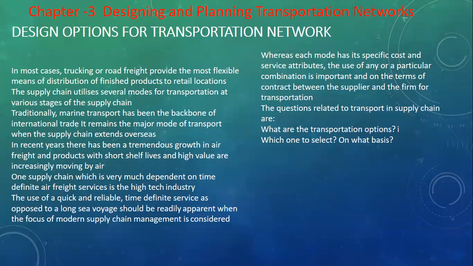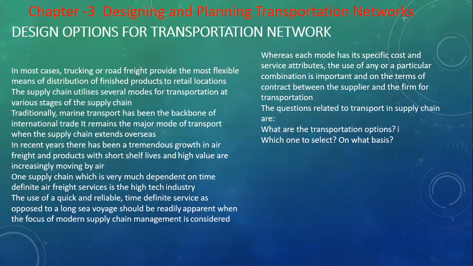Okay, so in most cases, truck and road freight provide the most flexible means of distribution of finished goods. Okay, so mostly trucking freight is very commonly used for the distribution.